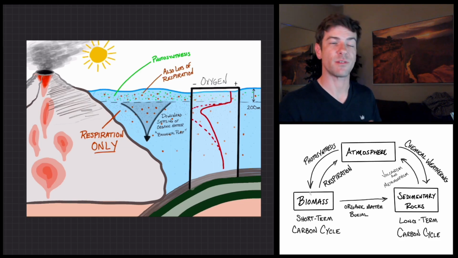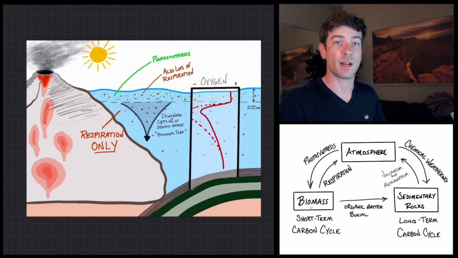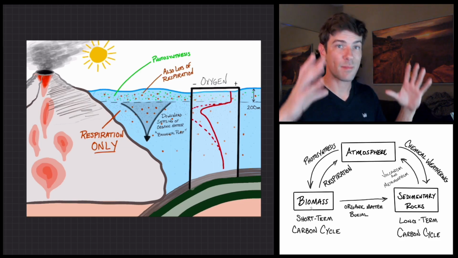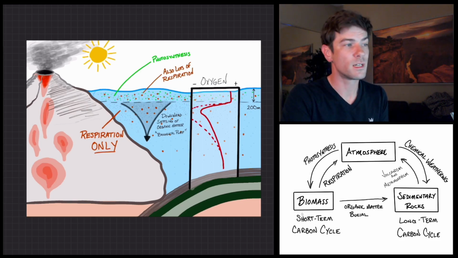So they stimulate productivity. And so by uplifting a large mountain range, we're enhancing chemical weathering, we're enhancing photosynthesis. Those are the two valves taking carbon dioxide out of the atmosphere. And so if we enhance both of those, then the amount of carbon dioxide in the atmosphere goes down, that reservoir shrinks, right?